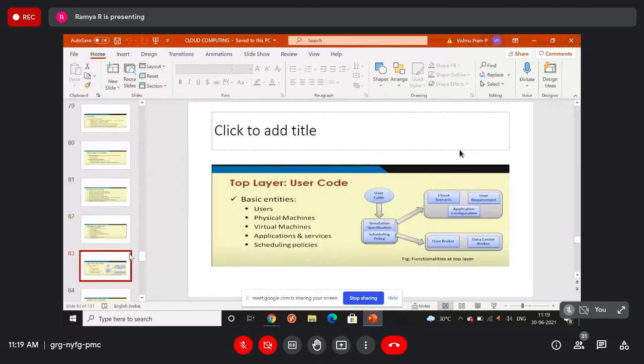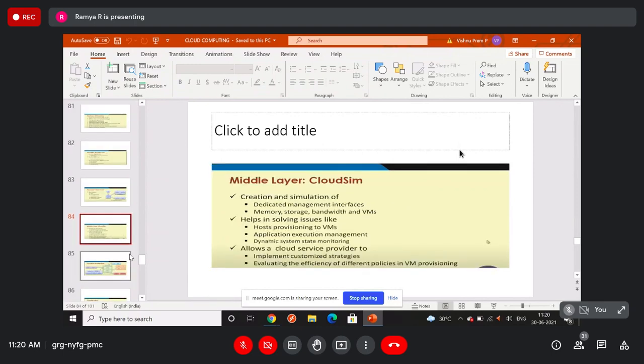If you see the top layer, this is how it looks. The basic entities in this are users, physical machines, virtual machines, applications and services. The middle layer helps in solving issues like host provisioning to VMs. If there are any problems, we can use this kind of tools to handle cloud related problems.